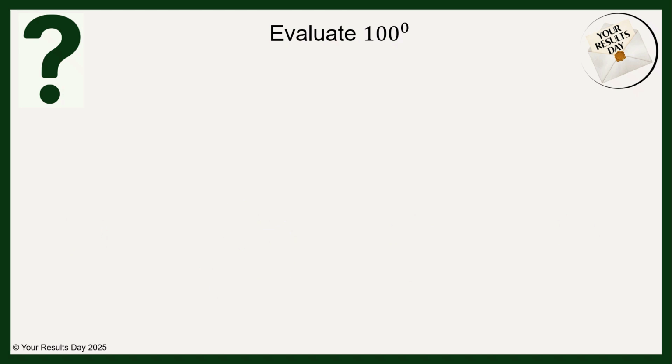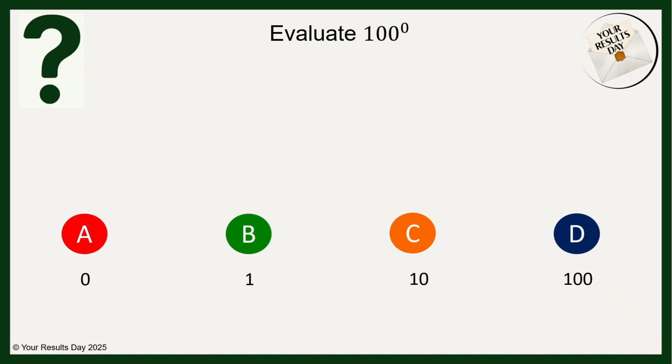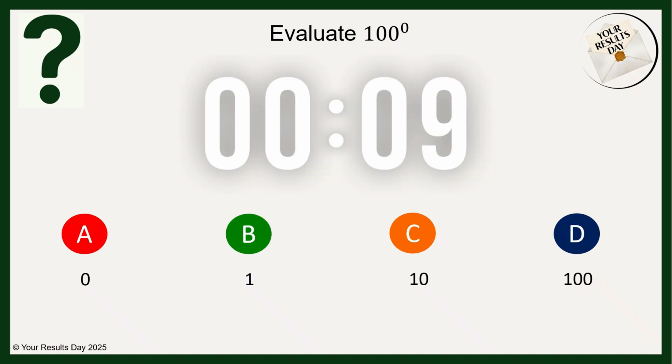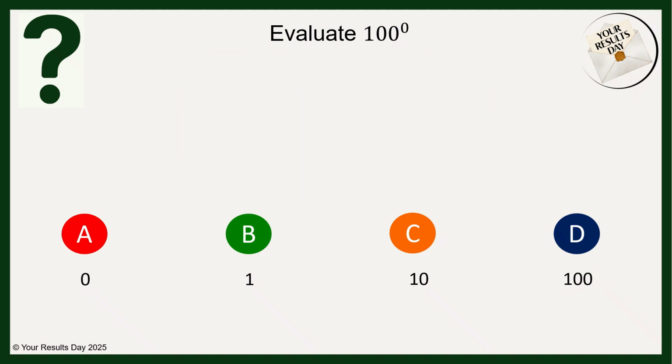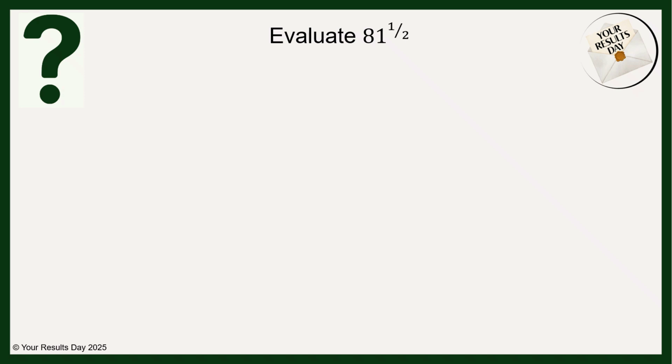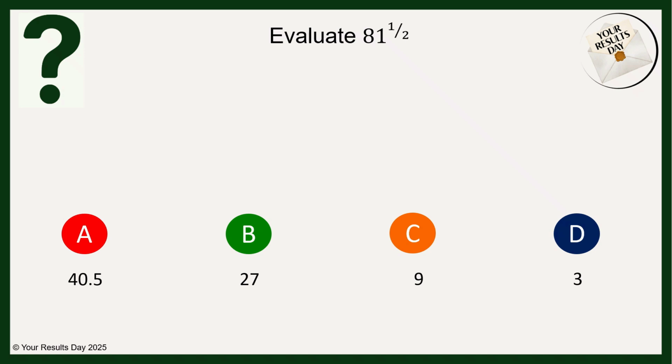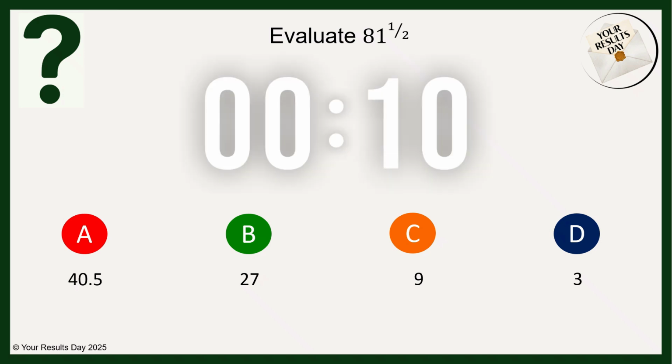We've got evaluate 100 to the power of 0. Here are your options. What happens when we raise any value to the power of 0? That's B, 1. On to the fraction law now. We've got evaluate 81 to the power of a half. So what is the power of a half the same as?